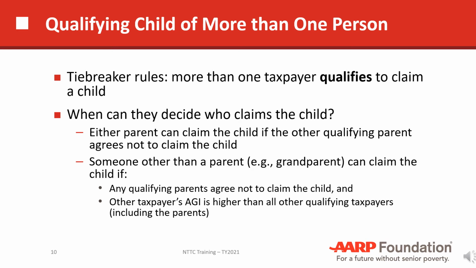So that's the tiebreaker rule, and that's how that's handled. And again, that's covered in the resource tool as well. We're going to have a presentation of the resource tool after this. So my next presentation covers the resource tool.